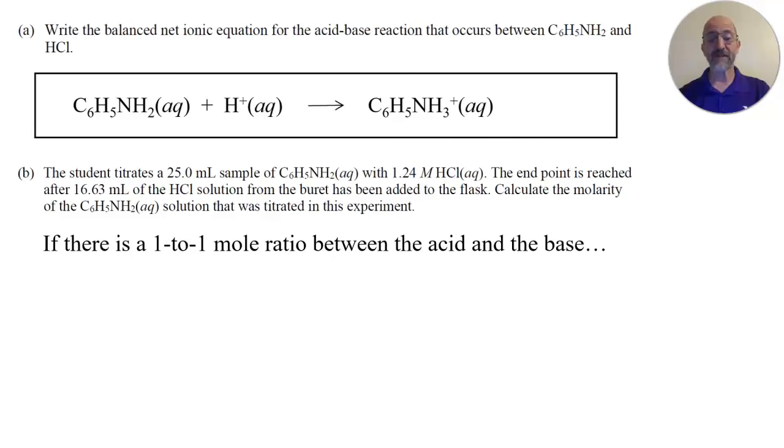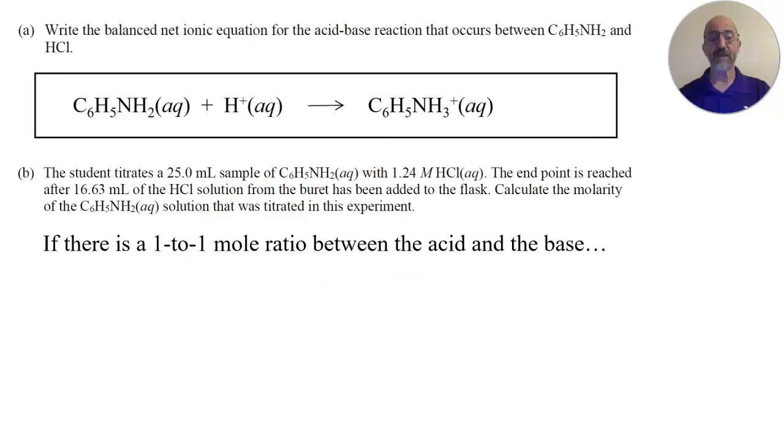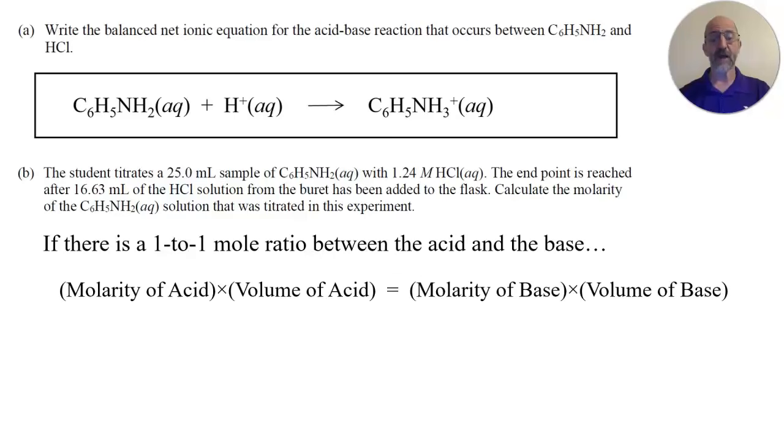For many acid-base titrations, we have a 1-to-1 mole ratio between the acid and the base. So to get that number, 0.825 moles per liter, you could set up the equation like this: molarity of acid times volume of acid equals molarity of base times volume of base. Again, that only works if you have a 1-to-1 mole ratio between the acid and the base.